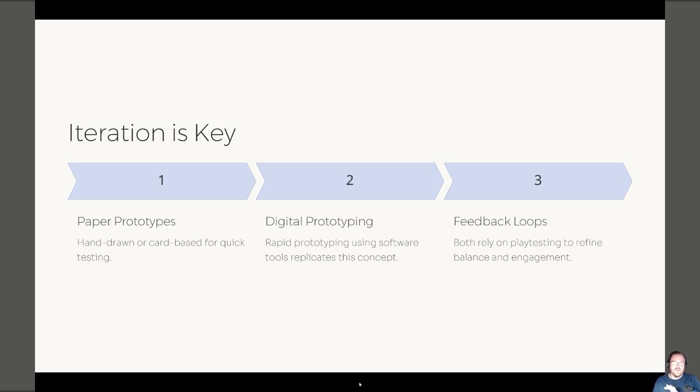Studios will take your alpha play tests, take the data and the feedback given from those, and iterate on game mechanics or game systems inside their video game prototype, improve on it, and run another test.